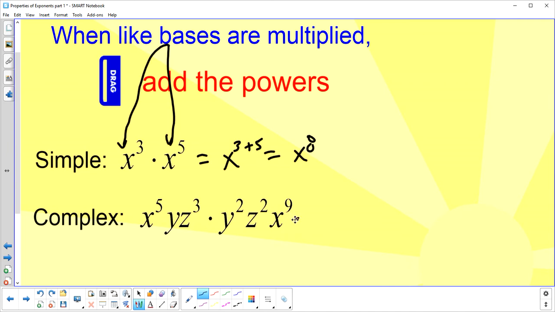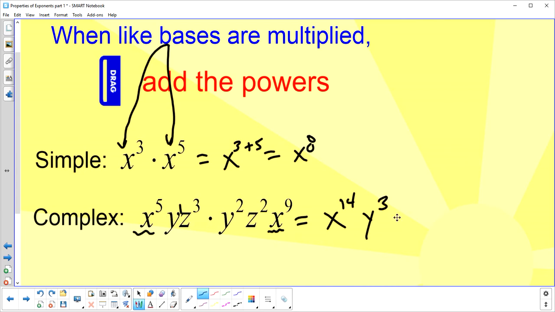Okay, a little more complex is when we have more than one base here, but it's still the same idea. We're going to take each base individually. So we're going to take our x's together. 9 and 5 is going to give us 14. And then our y's together. The trick here, this one's pretty easy. You see a 2, but this y is not raised to the 3rd power. When no power is written there, it's a 1. Kind of like when there's no number in front of the x, the coefficient is a 1.